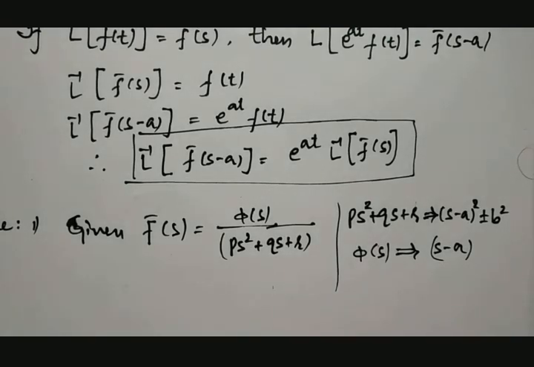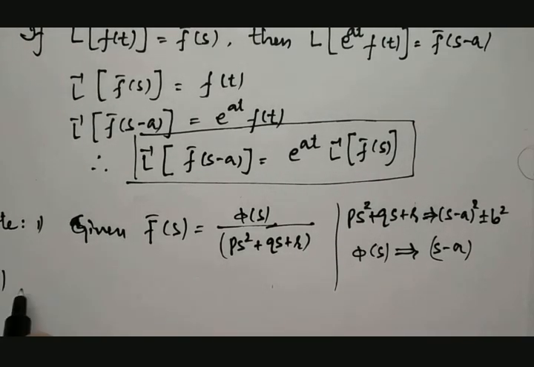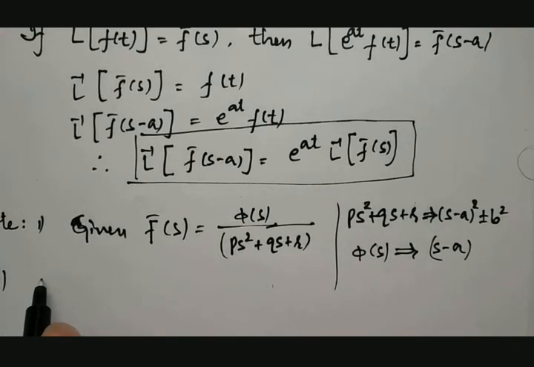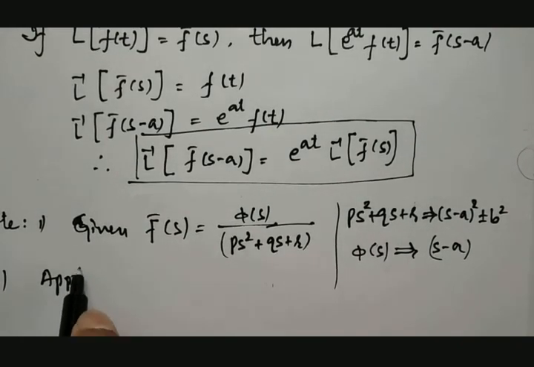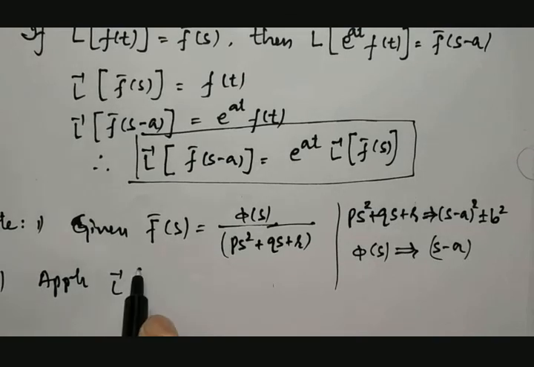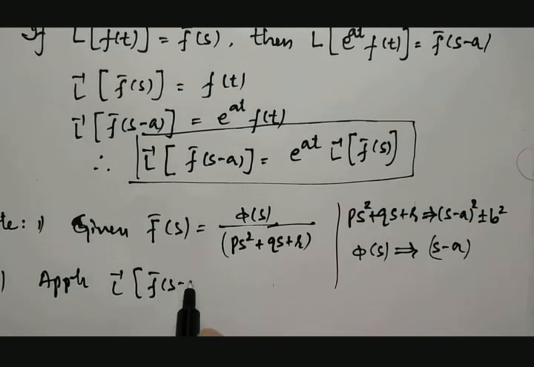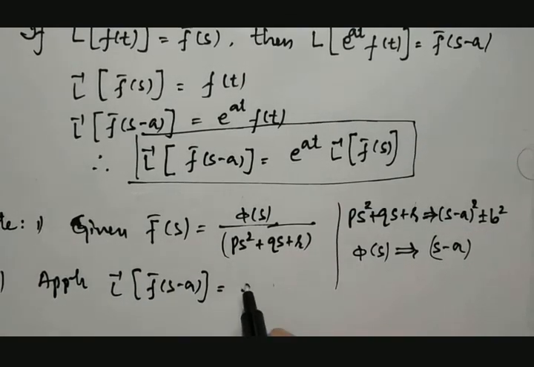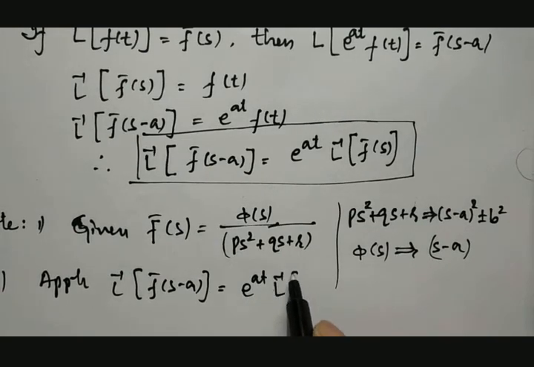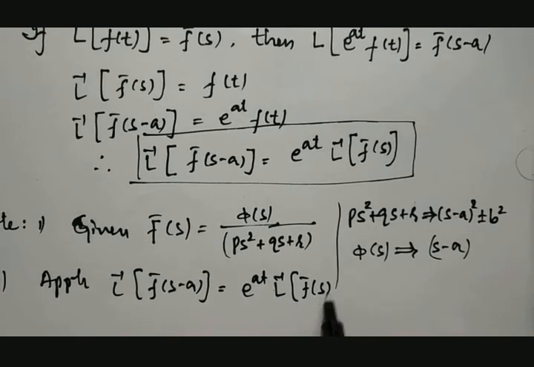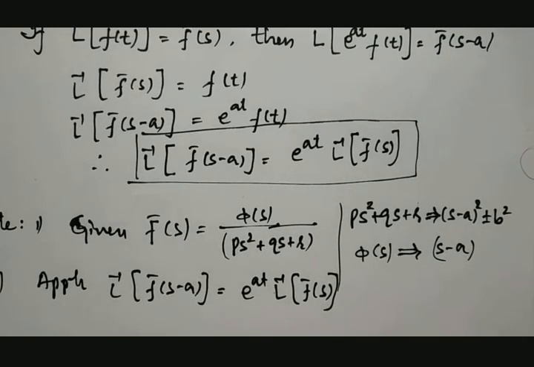Second, we apply this result, that is Laplace inverse of f bar of s minus a will be equal to e raised to at into Laplace inverse of f bar of s. This result we are going to use.